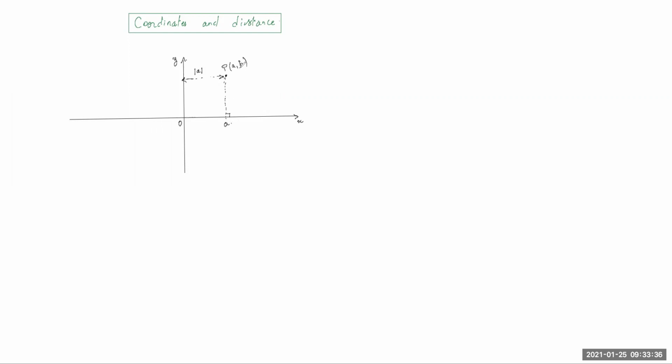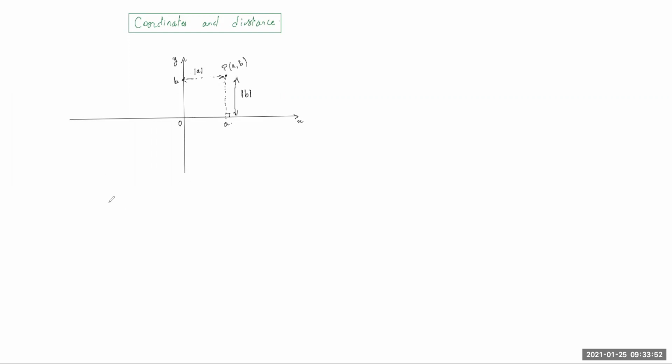And for b, this distance is exactly the absolute value of b, and we put the number b here.